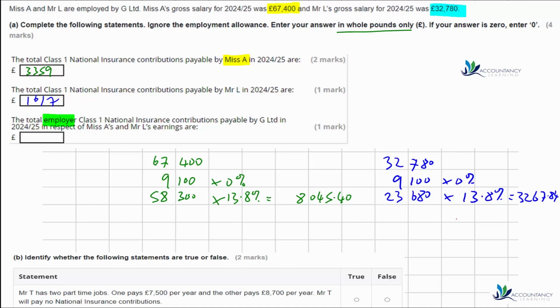So the total that the employer needs to pay here is the combination of these two. So we have 11,314 to pay.